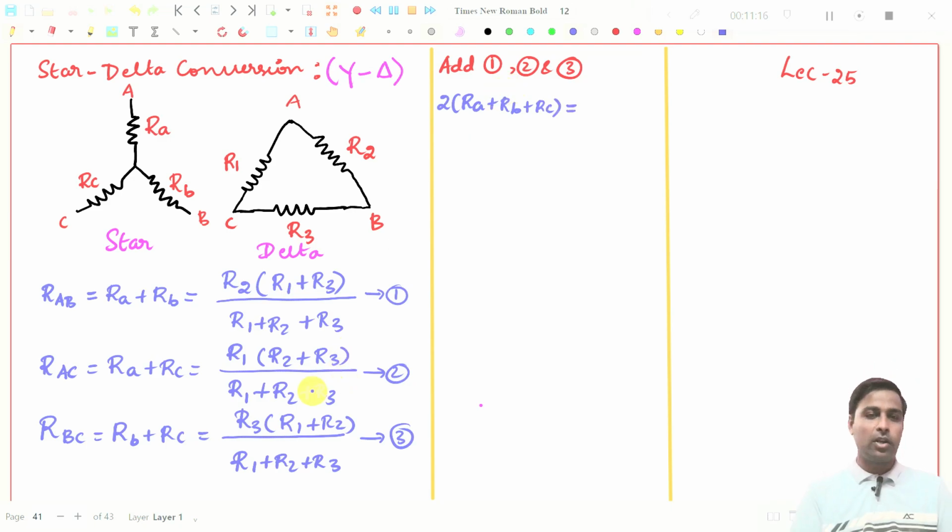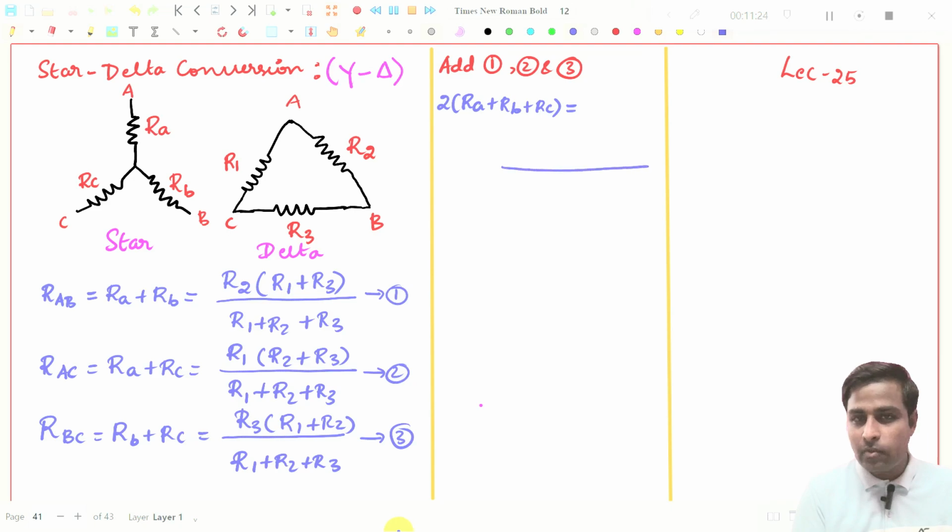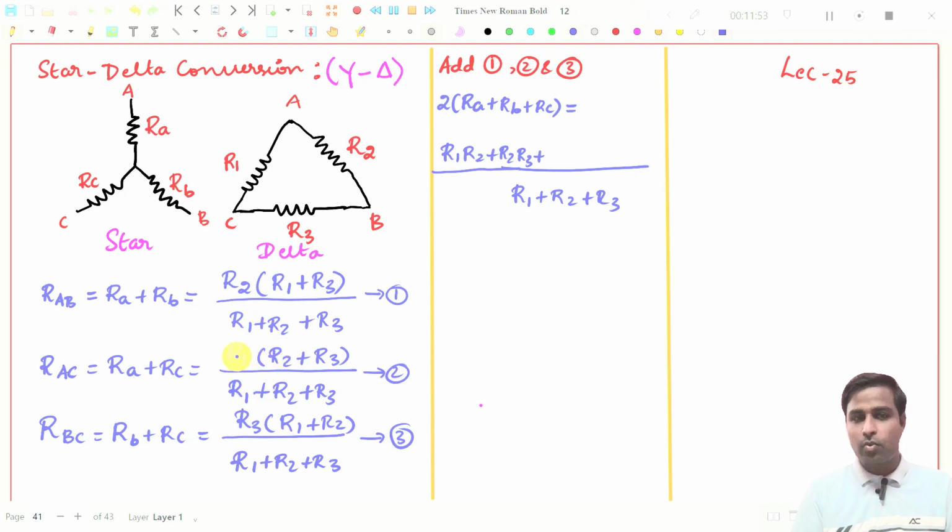That should be equal to, and if you add all these things, all denominators are the same, so the denominator will be R1 plus R2 plus R3. Then you just add R1 R2 plus R2 R3, and multiply these two, R1 R2 plus R1 R3.